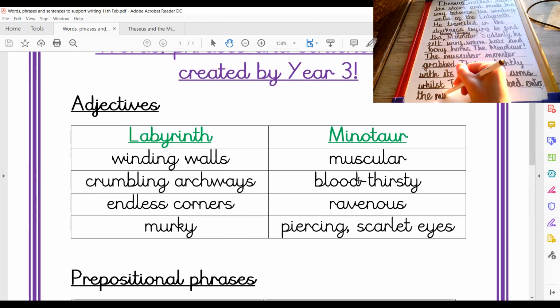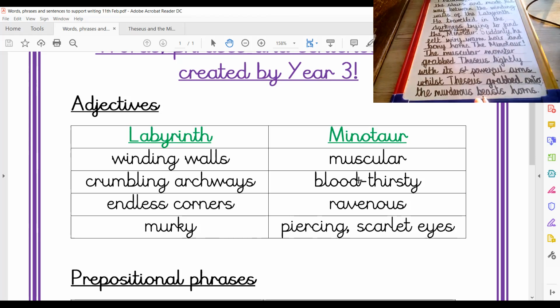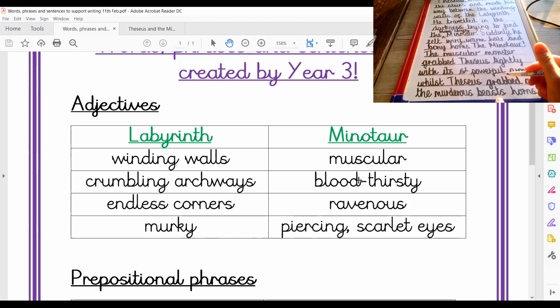The murderous beast's horns. Now, the horns belong to the beast, so what do I need to remember to use? Super, a possessive apostrophe. My noun ends in an S, so my apostrophe comes at the end.